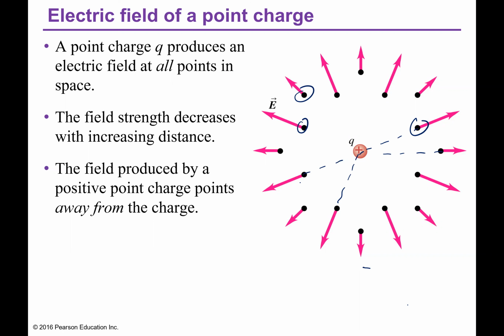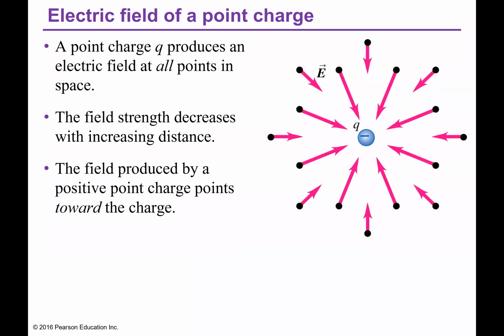And what I have here is that the electric field is also proportional to 1 over R squared. That means the farther the point you consider, the weaker the electric field. That's why the length is the magnitude. The length here is shorter than over here because this point, let's say R1, is smaller than this one, let's say R2. The closer you are, the stronger the magnitude, the longer the vector.